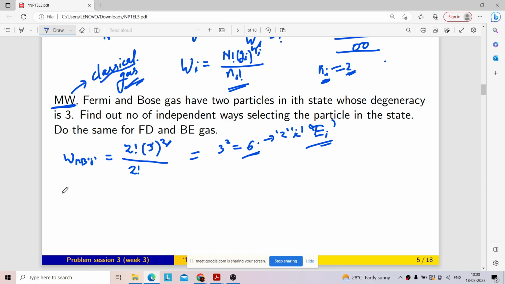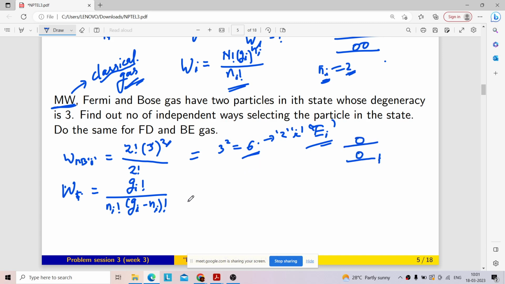Similarly, for fermions, what is the distribution? This is Gi factorial divided by Ni factorial times Gi minus Ni factorial. For fermions, the number of particles I can put in a single state is 1.